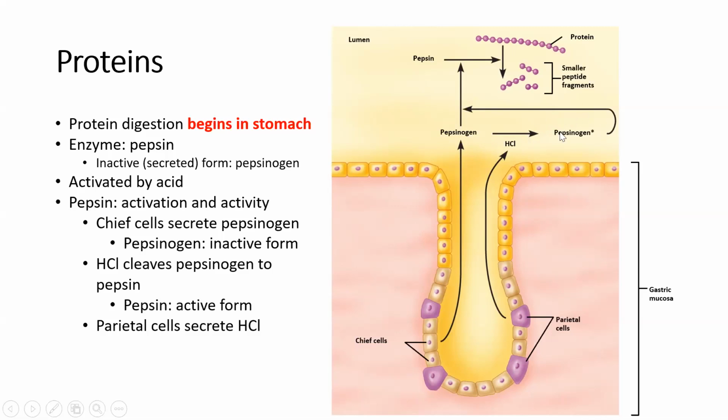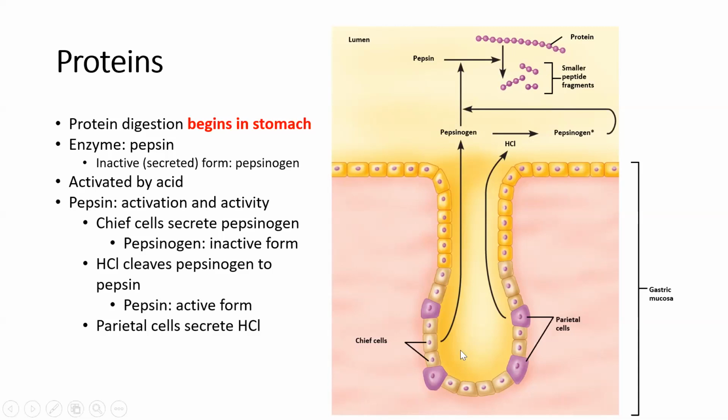So basically, if you've got pepsin that's already present in the stomach, that can activate pepsinogen to pepsin, but hydrochloric acid is the main substance that converts pepsinogen to pepsin. So basically this pepsinogen becomes activated to its active form, pepsin, and then that is the enzyme that begins working on these peptides, breaking them down into smaller fragments, okay?